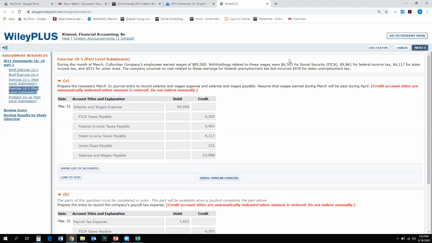In reality, they're getting what, like 13,000? You mean they're paying the FICA taxes? They're paying $13,006 to the federal government. So $6,500 withheld from the employees and another $6,500 paid by the employer.